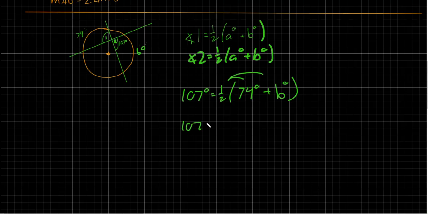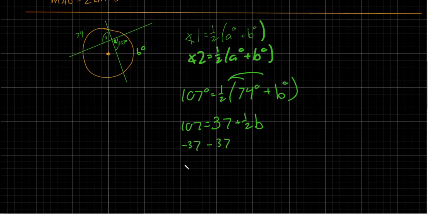So 107 equals half of 74, which is 37, plus half of B. Okay, combine like terms. Sophia, what should I be doing now? Yeah, minus 37 minus 37.